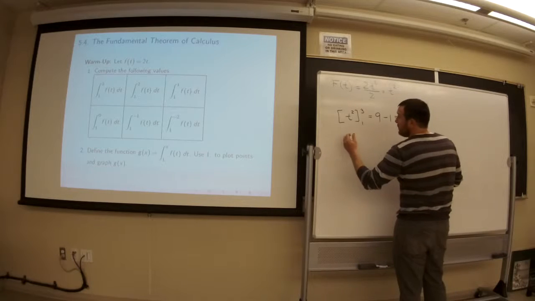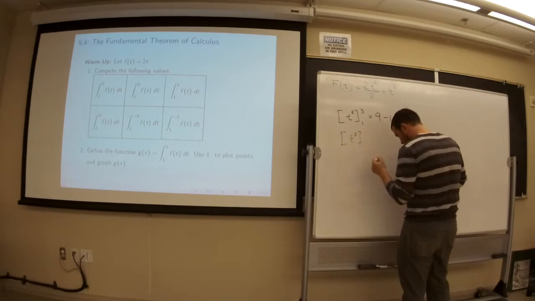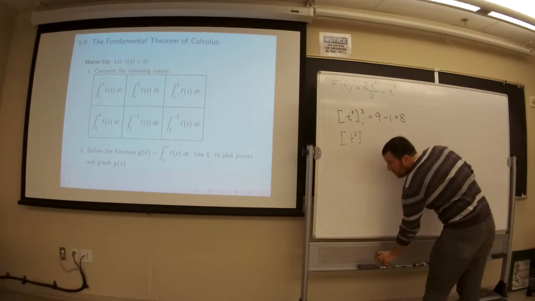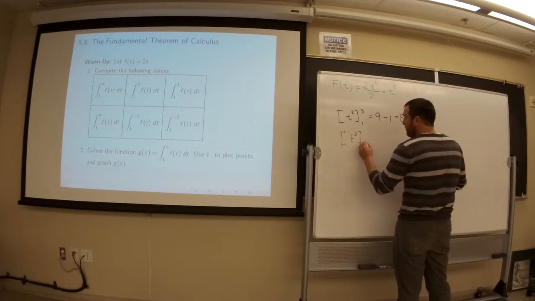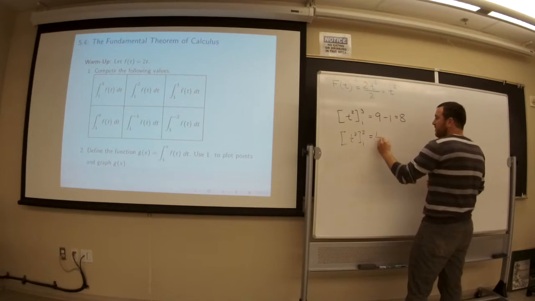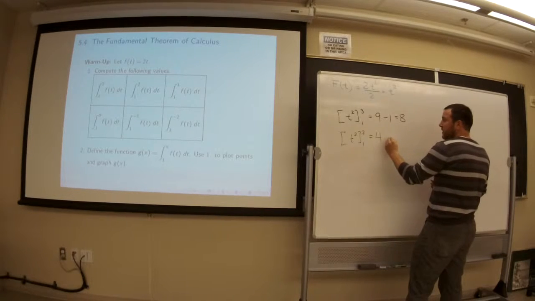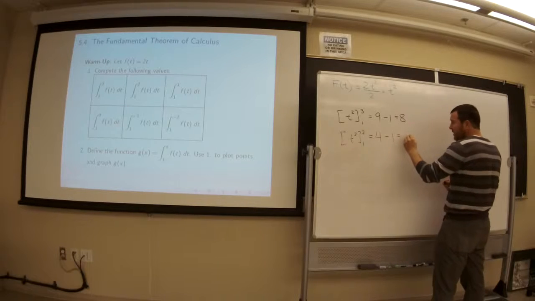For the second value, we'll get t squared evaluated from 1 to 2. So top limit first, 2 squared is 4, minus 1 squared again is 1, and we'll end up with 3.